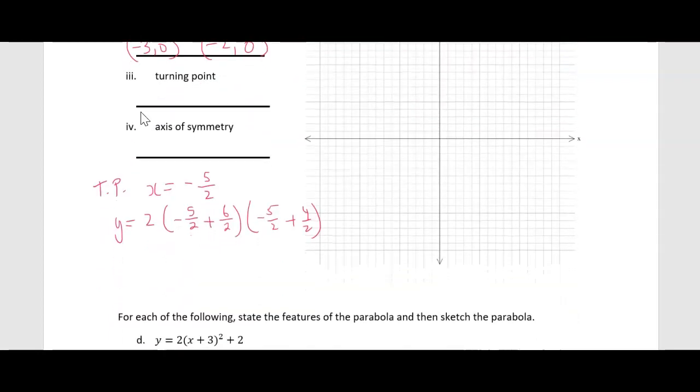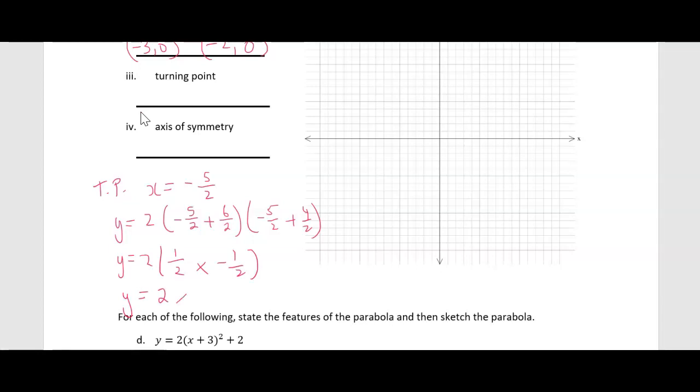Okay, so let's tidy that up. This is where it's really important to have fractions. Now, obviously in year 10, you probably wouldn't get one this challenging, but you definitely will in Methods. So it's really important that you can deal with fractions. All right, so we've got negative 5 on 2 plus 6 on 2, so that's going to be a half. And then negative 5 on 2 plus 4 on 2, that's negative a half.